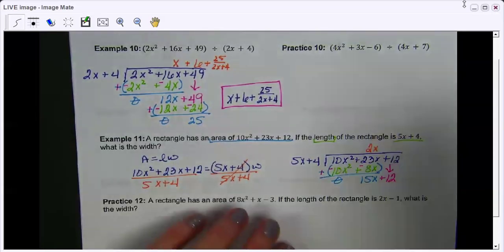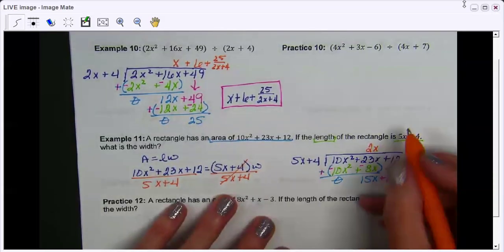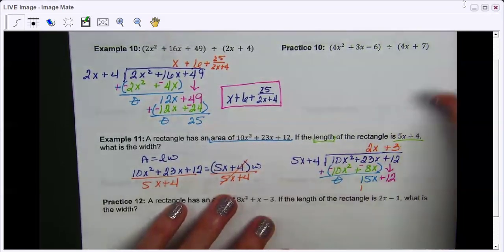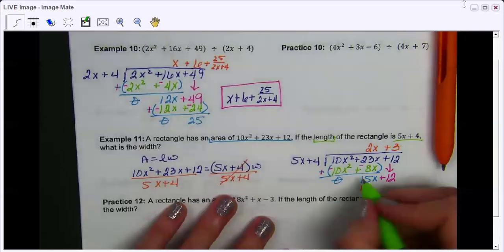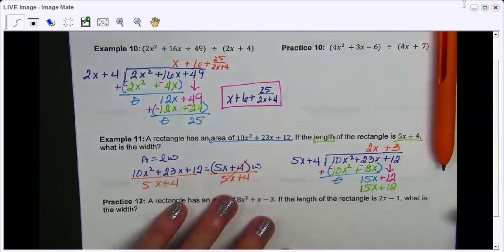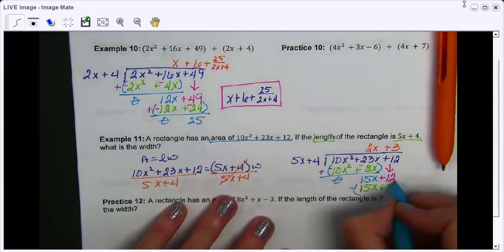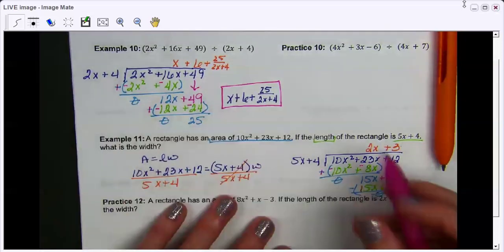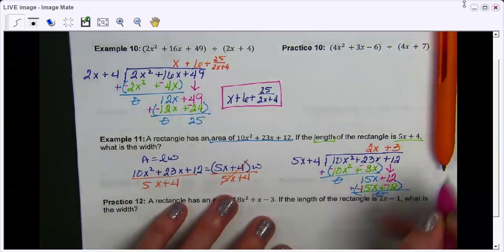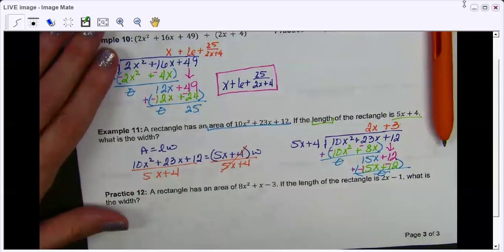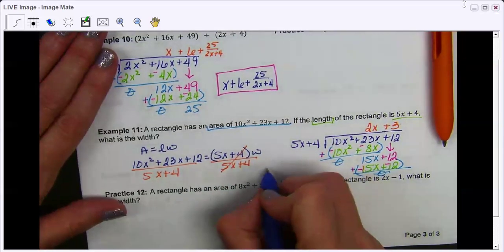Then we do that again. 5x goes into 15x 3 times. 3 times 5x is 15x. And 3 times 4 is 12. When we subtract, they cancel each other out. So our answer here would be 2x plus 3.